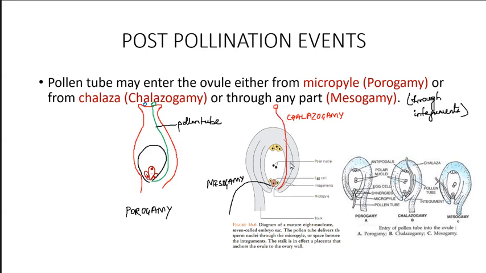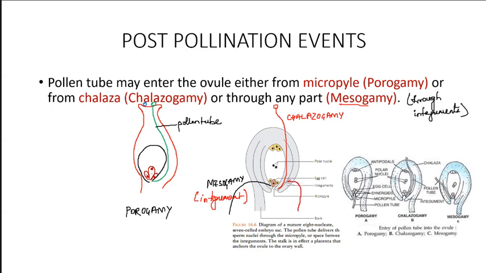Ultimately they have to enter the micropyle where the egg is located. Another can be mesogamy. Mesogamy means when they enter through the integuments, either the left or the right integument, just to give you the idea.